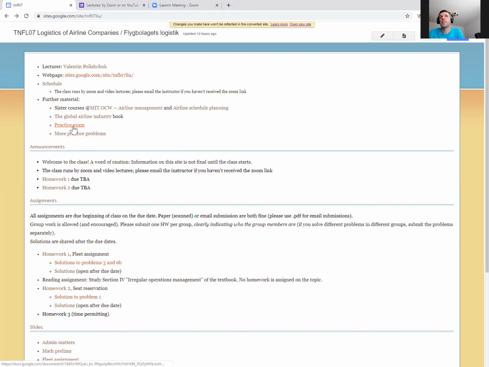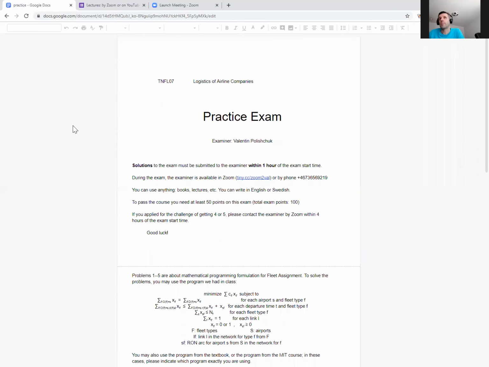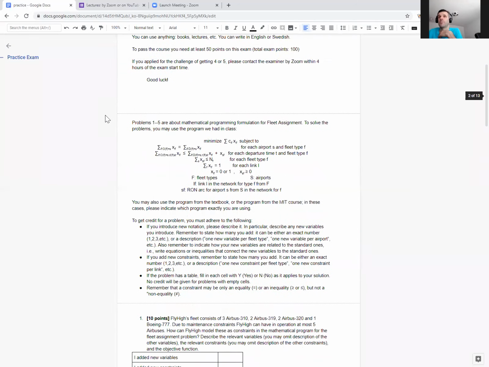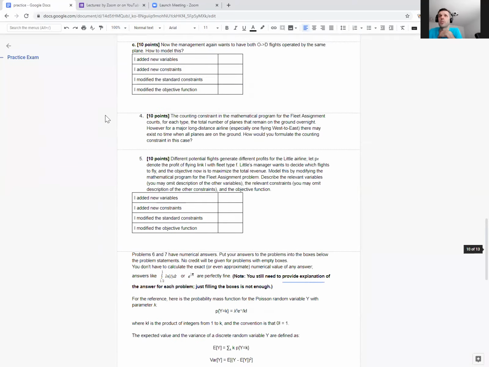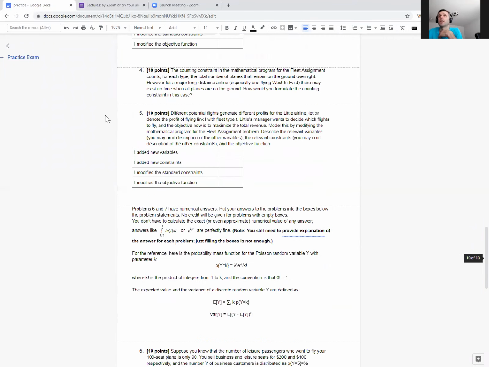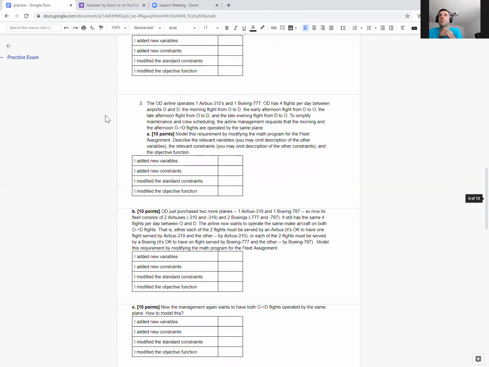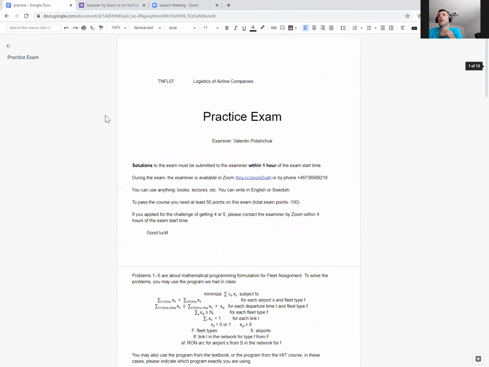Okay, the next thing that I want to show is the practice exam. And that's something that you will hopefully spend more time on towards the exam. It has the same format as the actual exam. So there are about 10 problems. Some of them are on revenue management, some of them on fleet assignment.